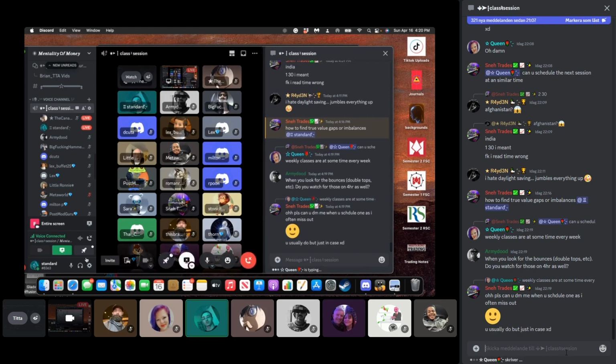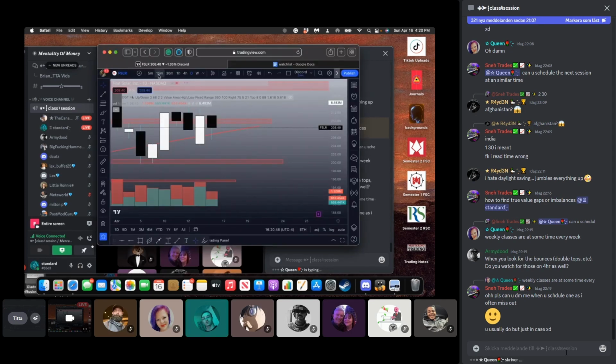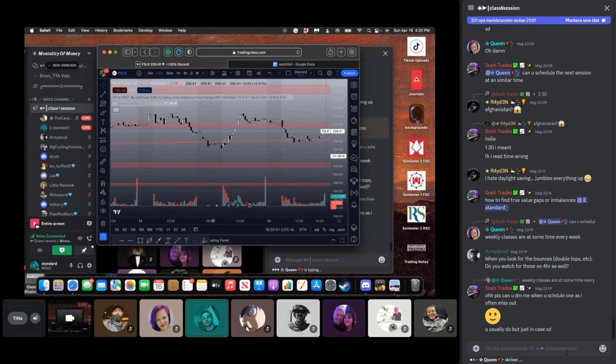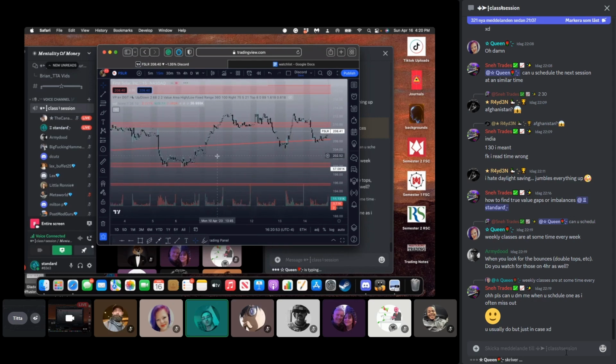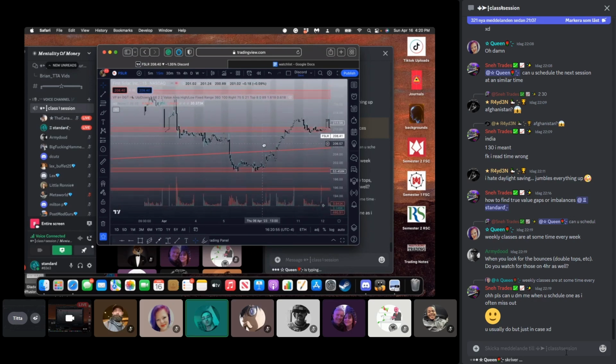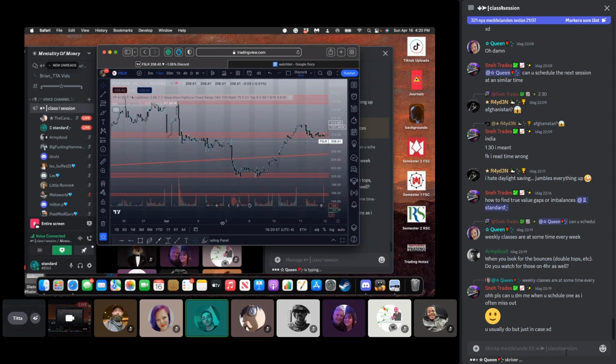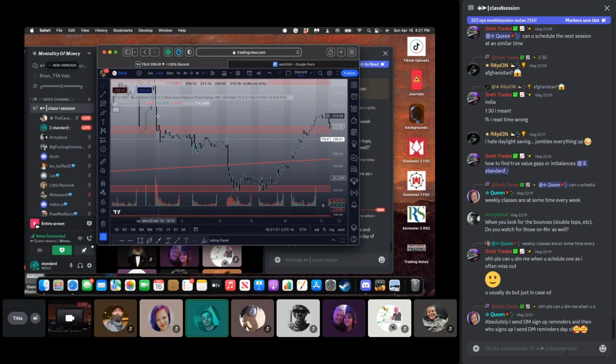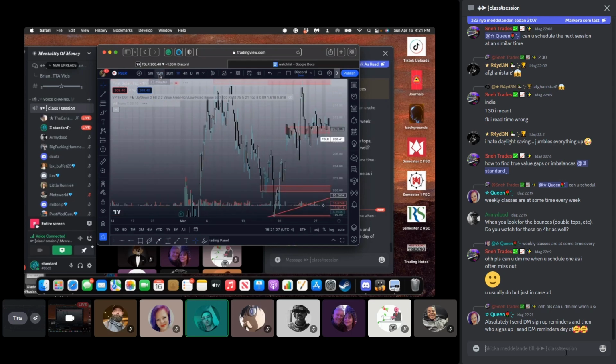Now if we're breaking through a level, so say if, oh, one sec, sorry. So say if we're breaking these levels and we break down from them, I'm going to be looking for a retest. Say if we break through this demand and we test it as supply, I'm going to be looking for a retest on the 1 hour and the 15-minute.